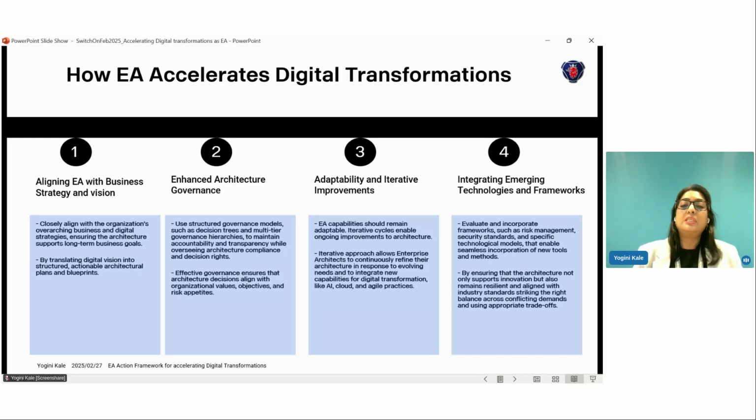So essentially balancing the conflicting demands and using appropriate trade-offs to balance this paradox of continuous transformation and operational efficiency. So that is where EA can step in.